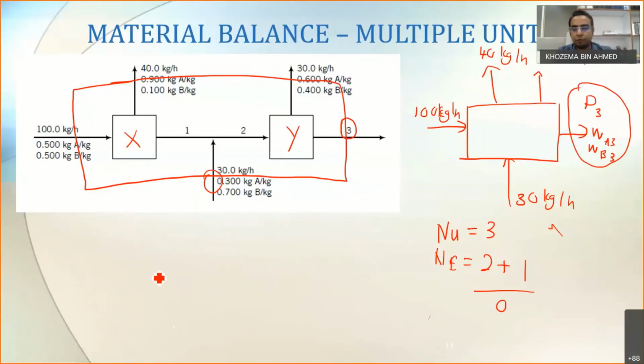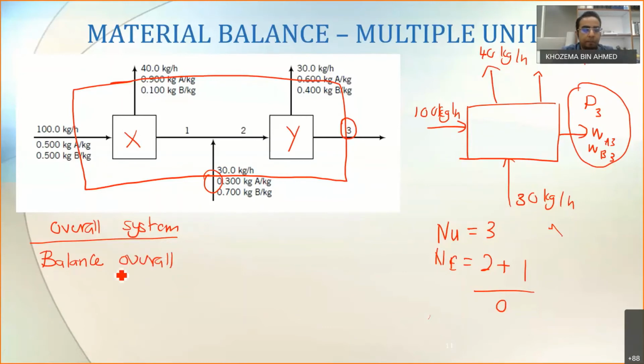So once you have done degree of freedom, then you have to write your equations. Let's say first of all, I do balance on the overall system. Balance overall means that this is an open system, continuous process, and steady state system, so input must always equal output.